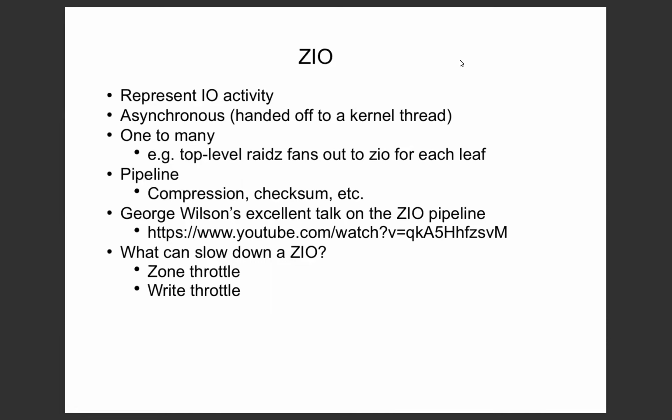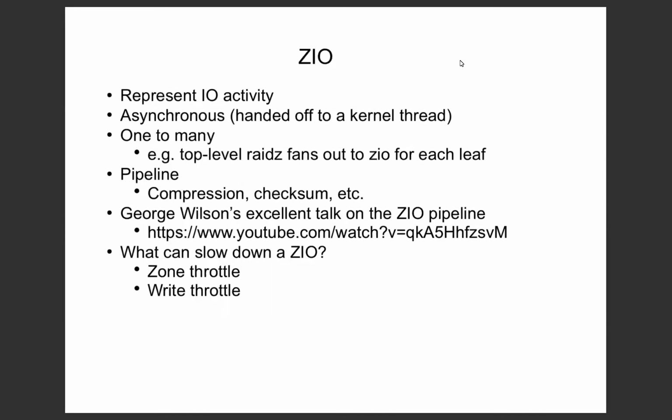That has been fixed in the upstream ZFS code, but just fixed last week, so none of our platforms probably have that. That's another area where synchronous write activity might be getting slow because of a problem that was just fixed, but we don't have it yet.